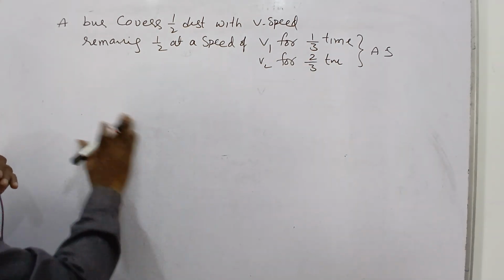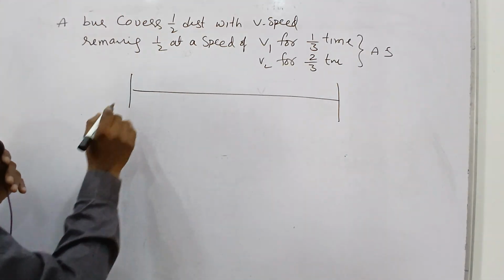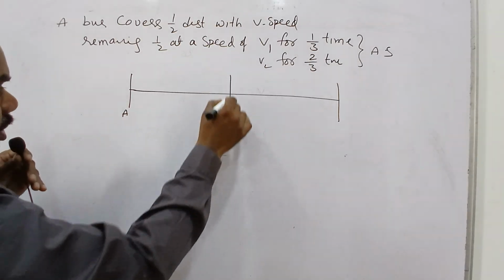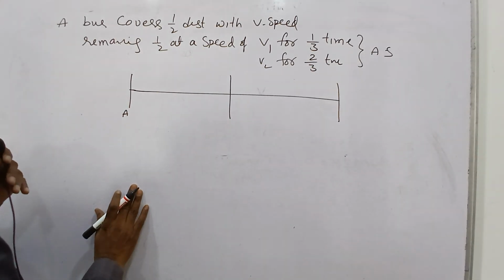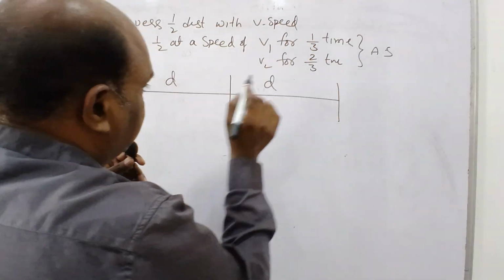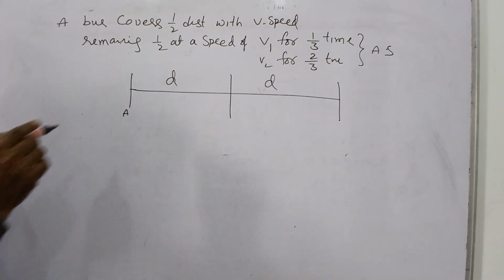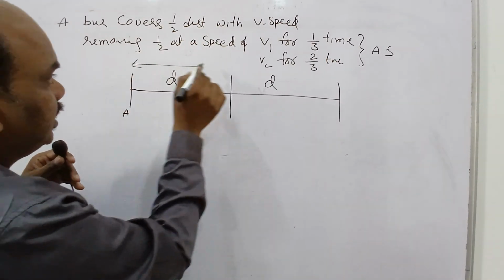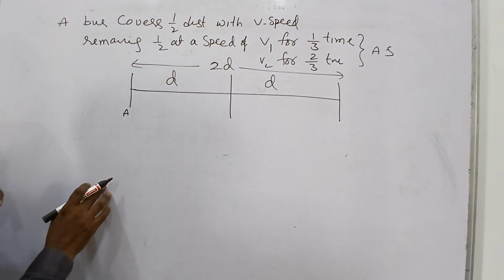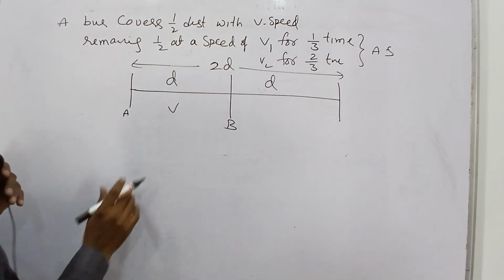Find the average speed. See beta, this is the total path covered by the bus. This is A. Half of the distance is this one, and the remaining half; let the half of the distance be d, another half of the distance is also d. Now the total distance covered by the bus is d plus d, 2d, because it is a scalar. The speed in the first portion A to B is v, given.